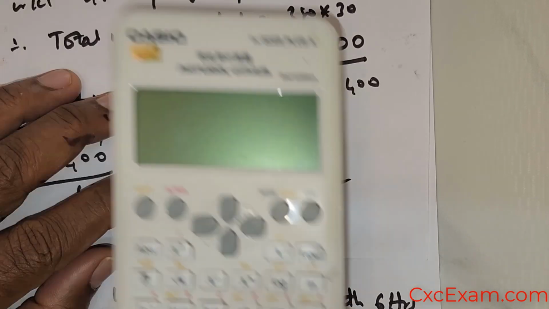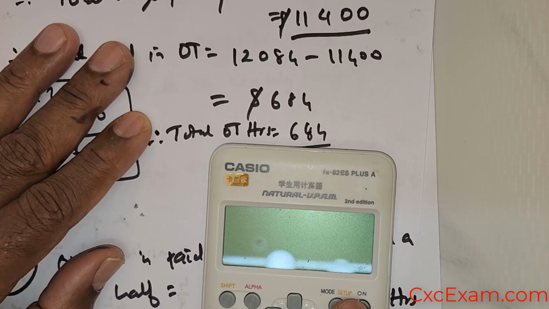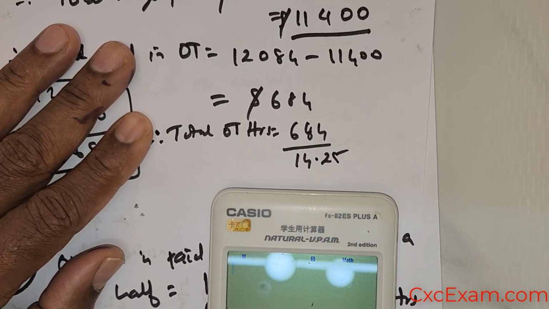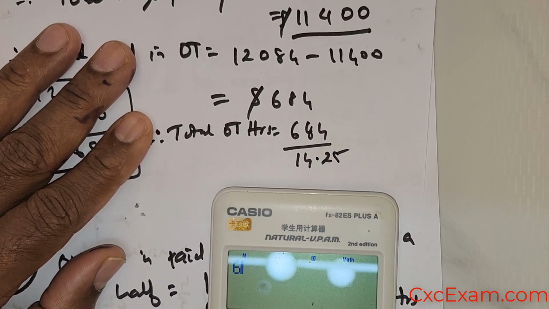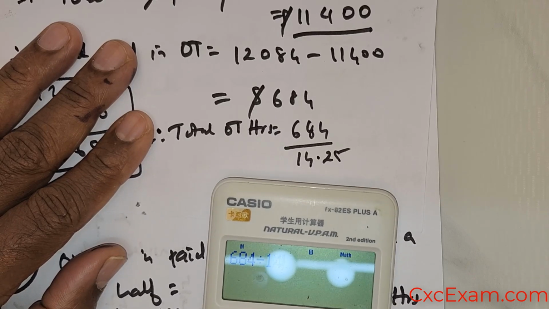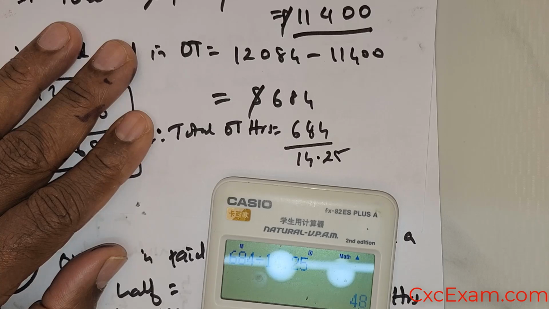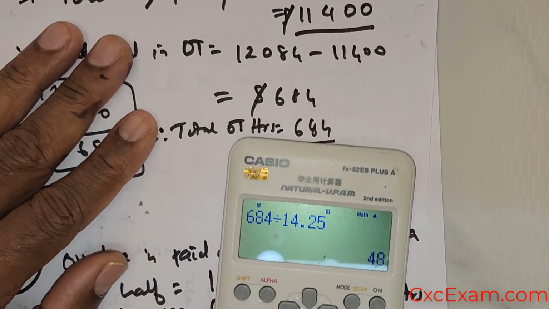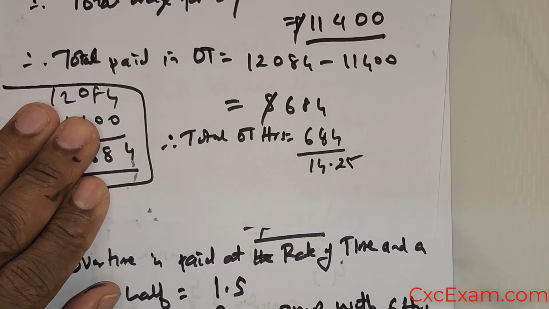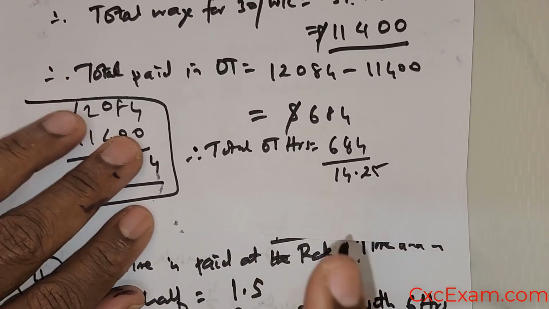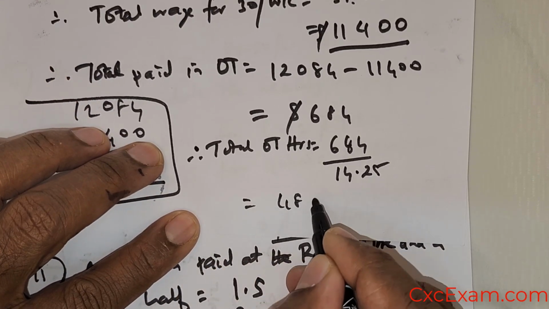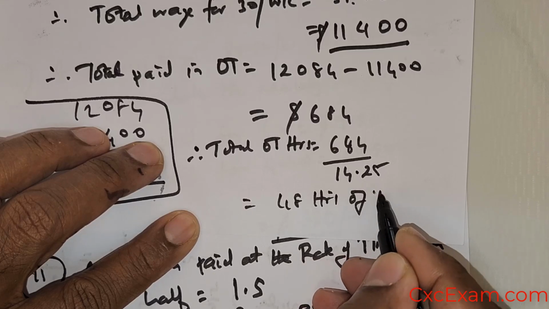You can use your calculator, because decimals are involved and you don't want to skip anything. What do you get? 48 hours. You see that? So you write 48 hours of OT.